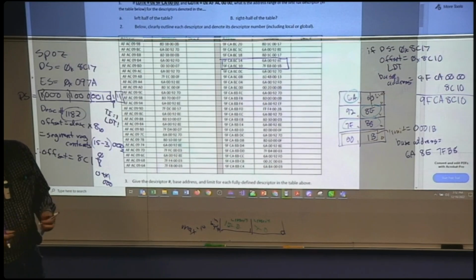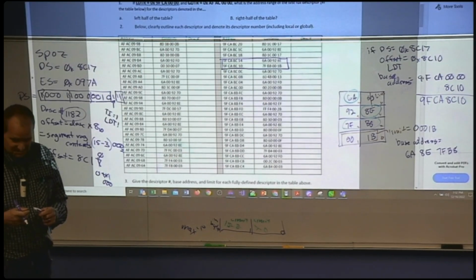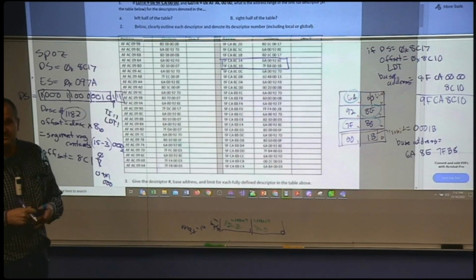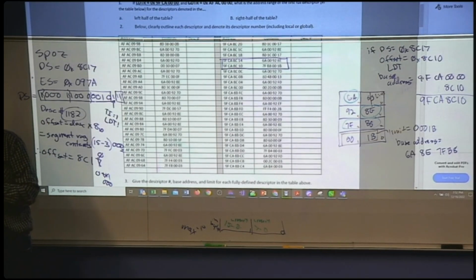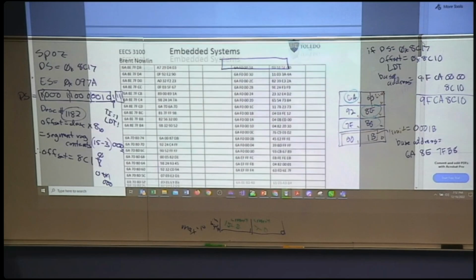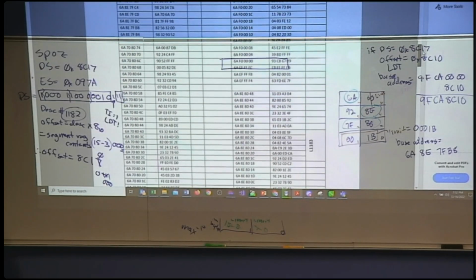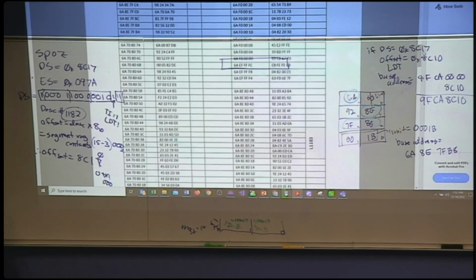That fully defines our segment, gentlemen. Fully defines it. And it just so happens, maybe, wrong mouse. Is that visible in 6A, 8E? Yep.